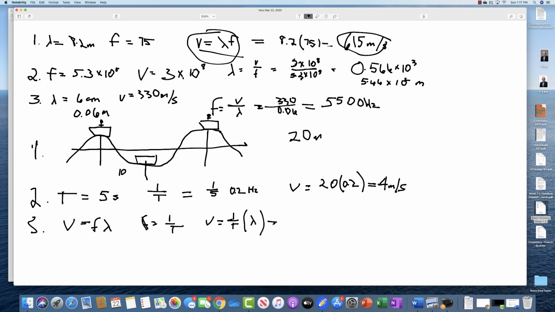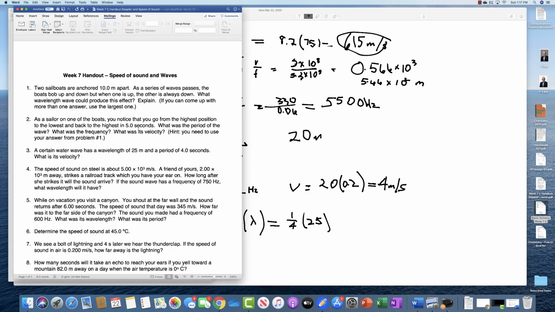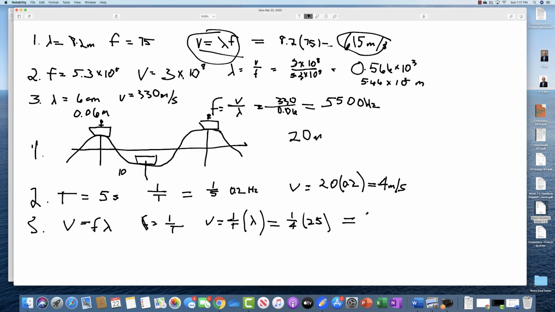And 1 over the period is 1 over 4. And I believe the wavelength was 25, if I remember right. I'm going to go back and look in just a second. And so it's 25, so 1/4 times 25 is 6.25 meters per second. So that's the velocity on this one.